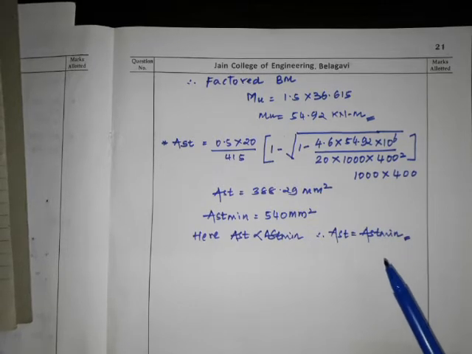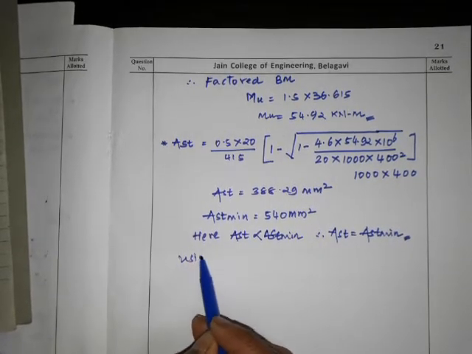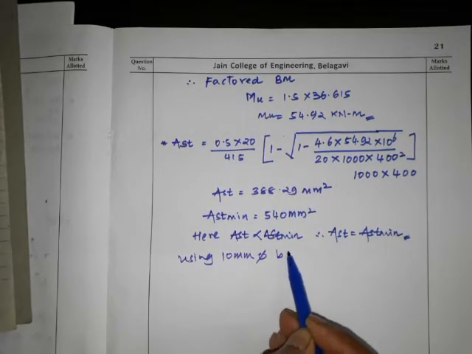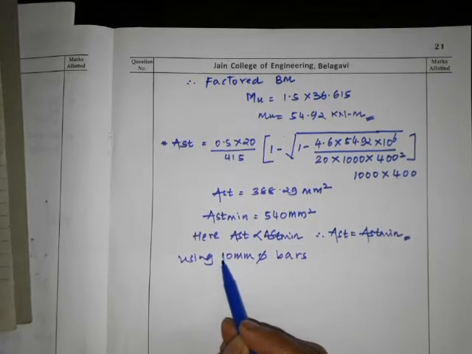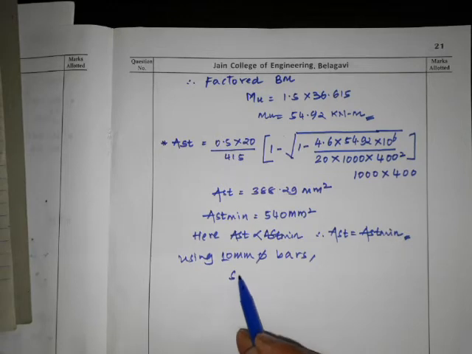Okay. So therefore again using 10 mm dia bars, the spacing we have already calculated for 10 mm dia in design of heel slab.